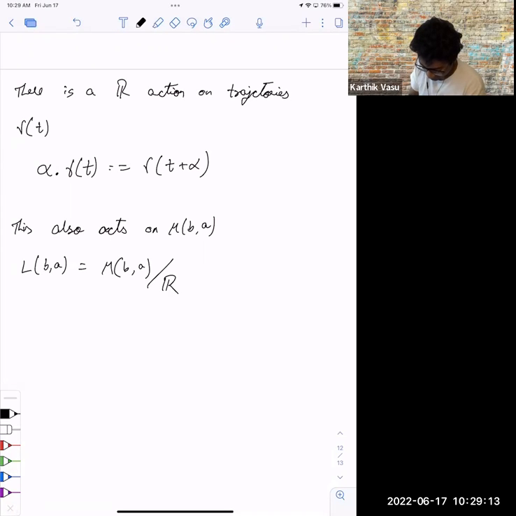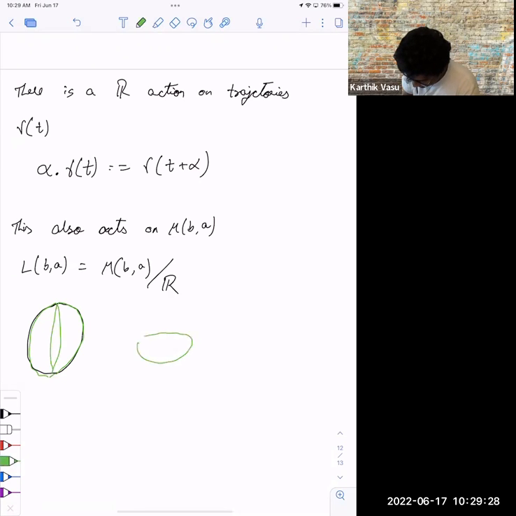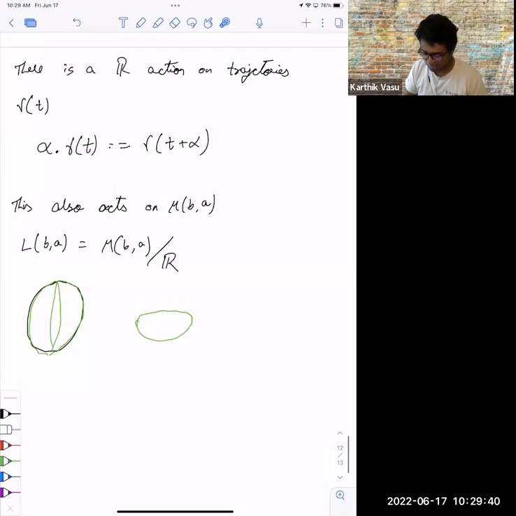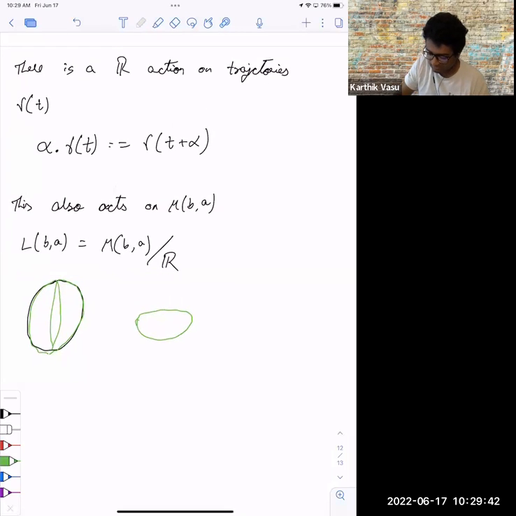So for the sphere, since all the trajectories were like this, if you just quotient out everything going down like this, what you'll be left with is just a circle like this. So what this is counting is it counts each trajectory as a single point. So each trajectory will be counted as a single point. And here is that. Right. So that's what this space is.